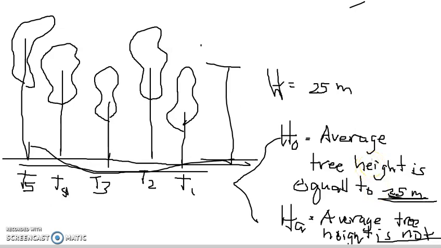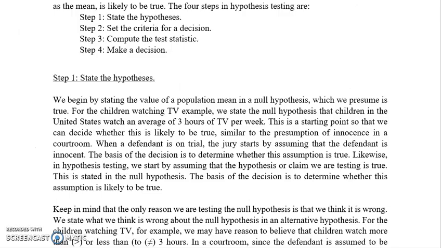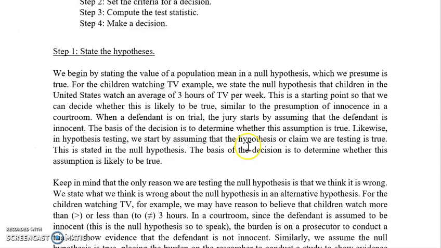But as you go deeper, we do higher statistical analysis. Still, there is this alternative and null hypothesis because this is very important when we do interpretation of the result. Okay? Now here, this is the basis of the decision to determine whether this assumption is likely to be true.